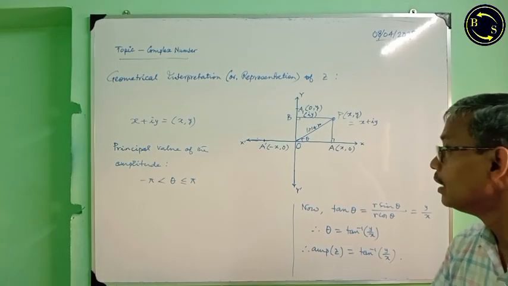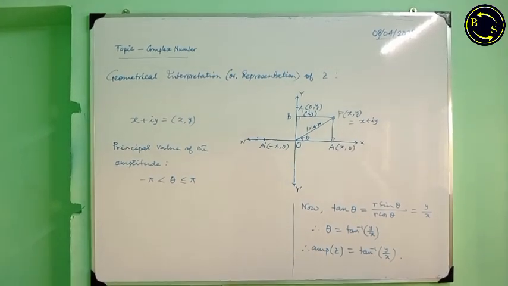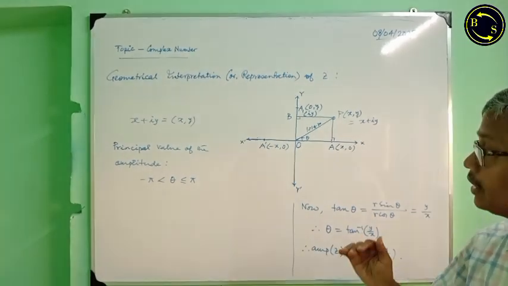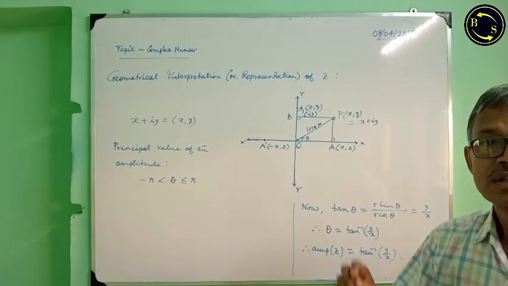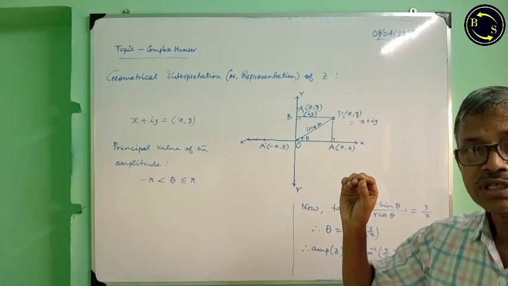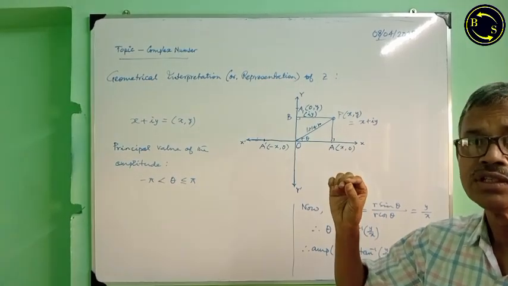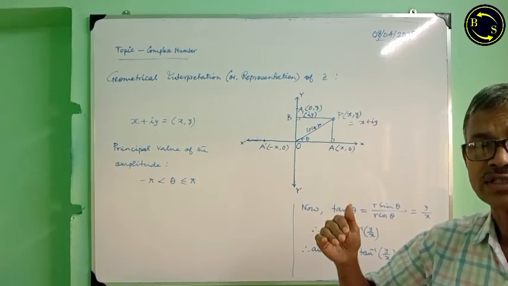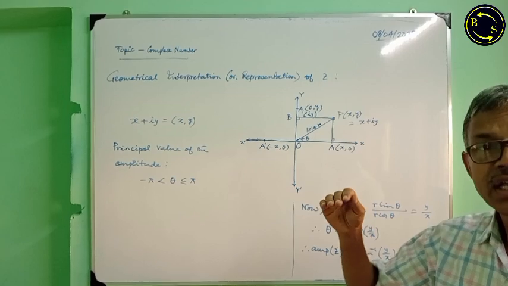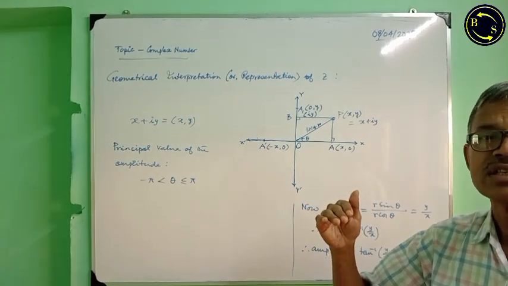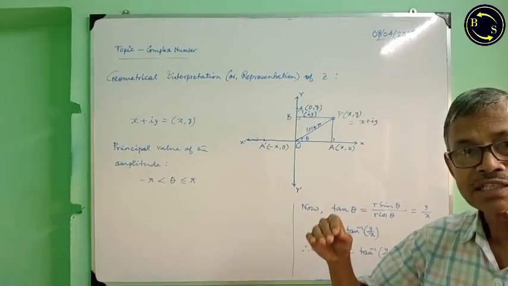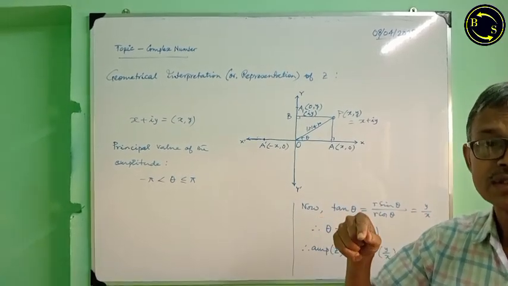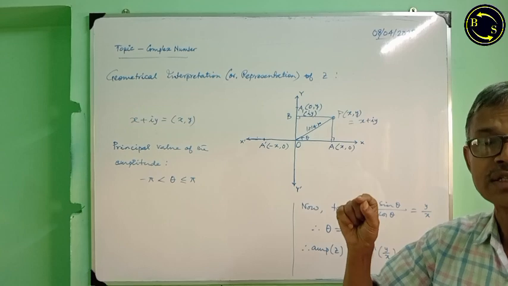For that, I explained like this. Student, learner, first you see whether the point P, which is indicating the complex number z, is lying above the x-axis or below the x-axis. If it lies above the x-axis, you are to express the amplitude within 0 to pi, including 0 and pi.